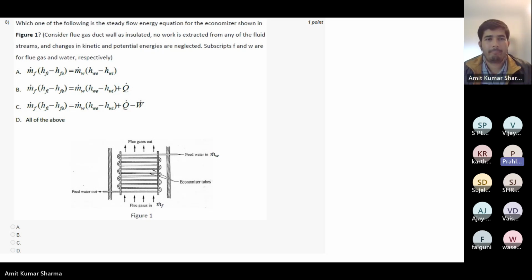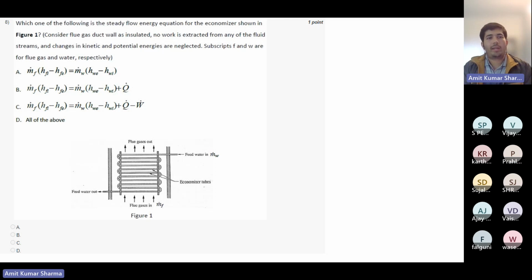There's hot fluid coming from one side and going out, and on the other side, like we can see in a simple heat exchanger, heat energy is extracted. The mass flow rate for both fluids, hot flue gases and water, remains the same at steady state, but there is some amount of heat energy transferred between them.